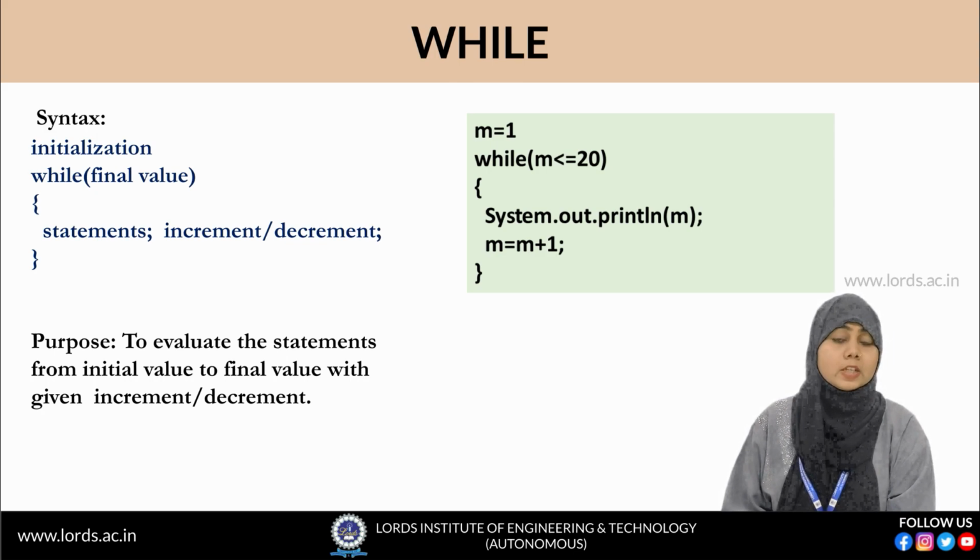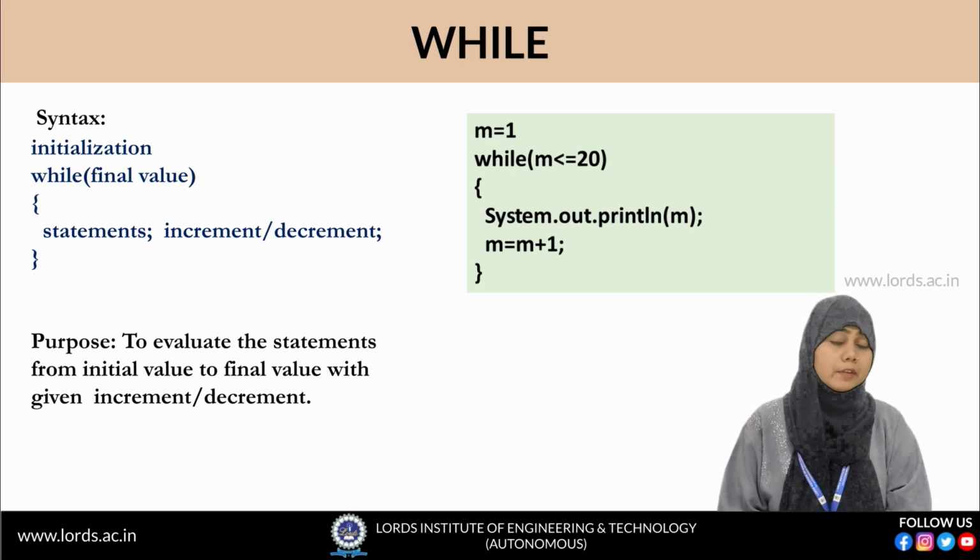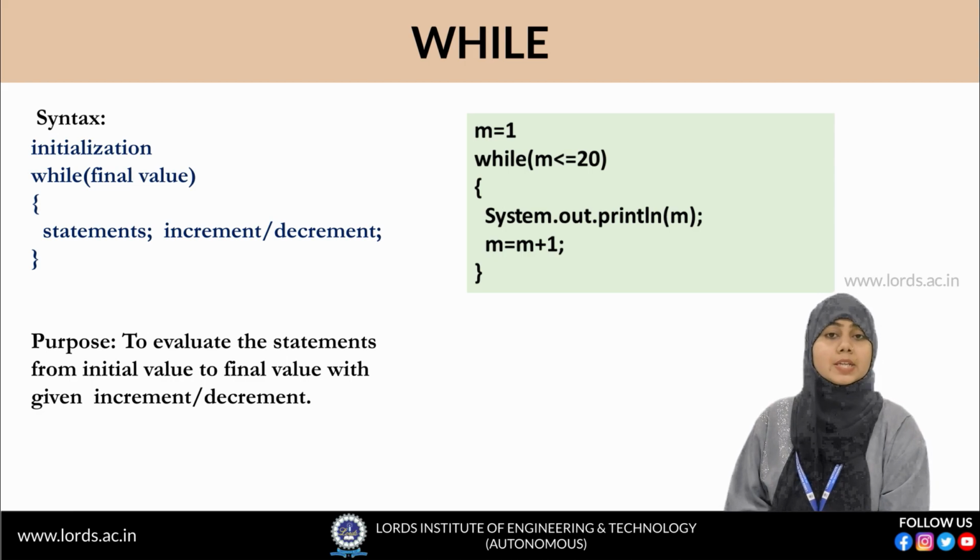It will continue, and the loop will never break; the iteration will just go on, with 1 printed again and again, because we did not write a statement that makes the condition false. That is the reason we need to write the increment or decrement statement here. Now we will see the flowchart of this particular while loop.